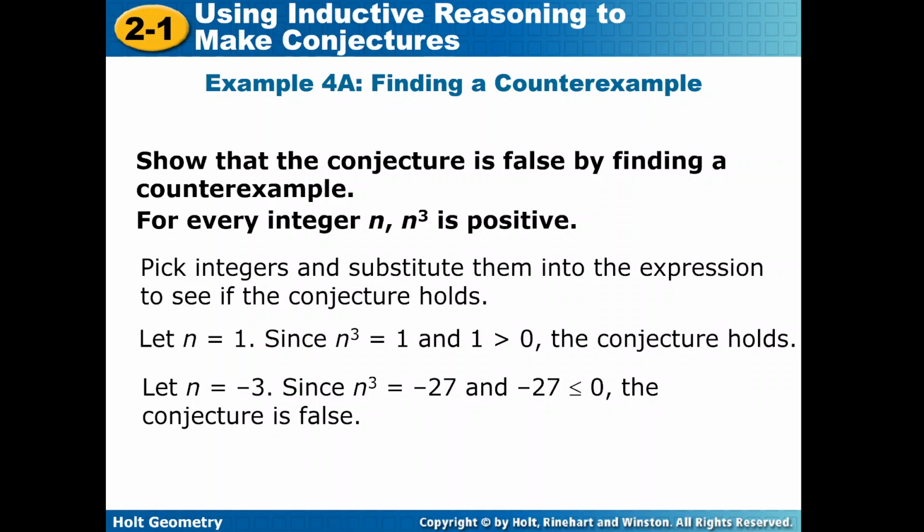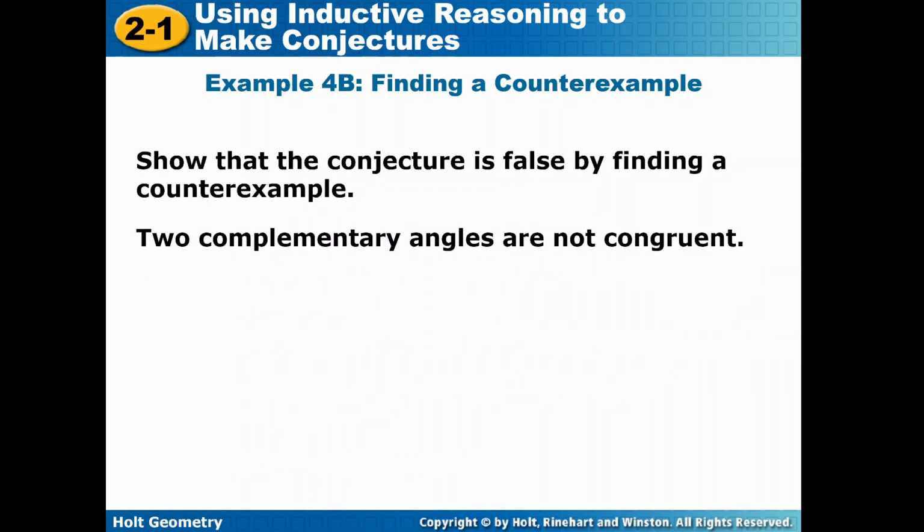Negative 27 is not greater than 0; it's less than or equal to 0. So the conjecture is false, and n equals negative 3 is a counterexample.